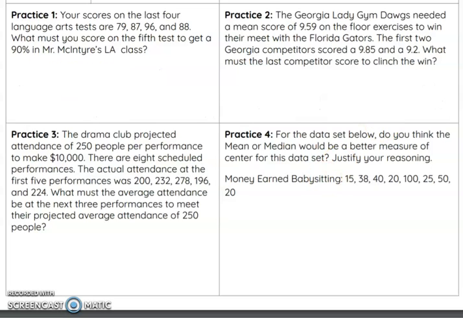So I have 3 scores that I'm looking at. So I have a 9.85 plus 9.2 plus that 3rd score. I don't know what that is yet. I would divide it by 3, and that gives me an average of 9.59.